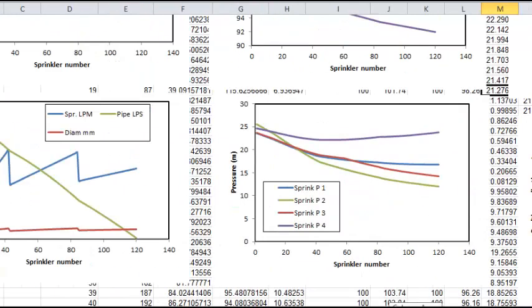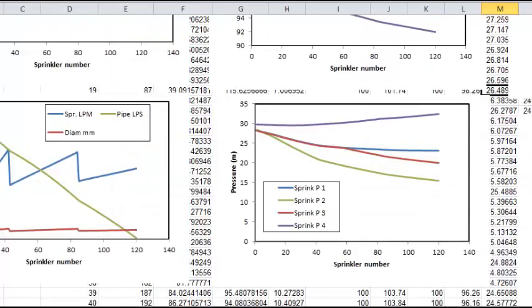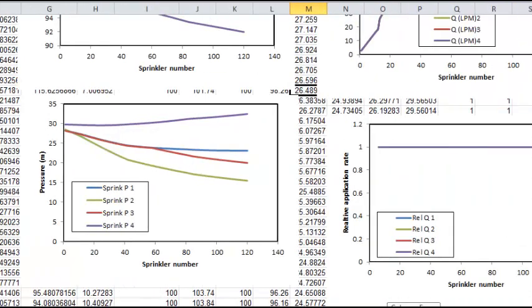Let's go back and we'll change to using a pressure regulator. So we'll put true here, and we'll click the Center Pivot Seasonal Simulation button, go back out to the flow output, and you can see that the relative application rate is the same all the way across for all the sprinklers.